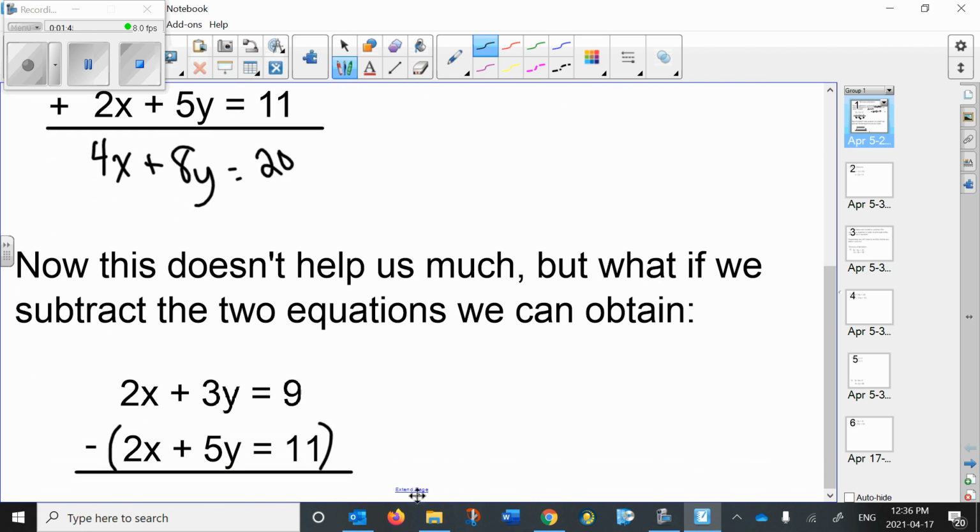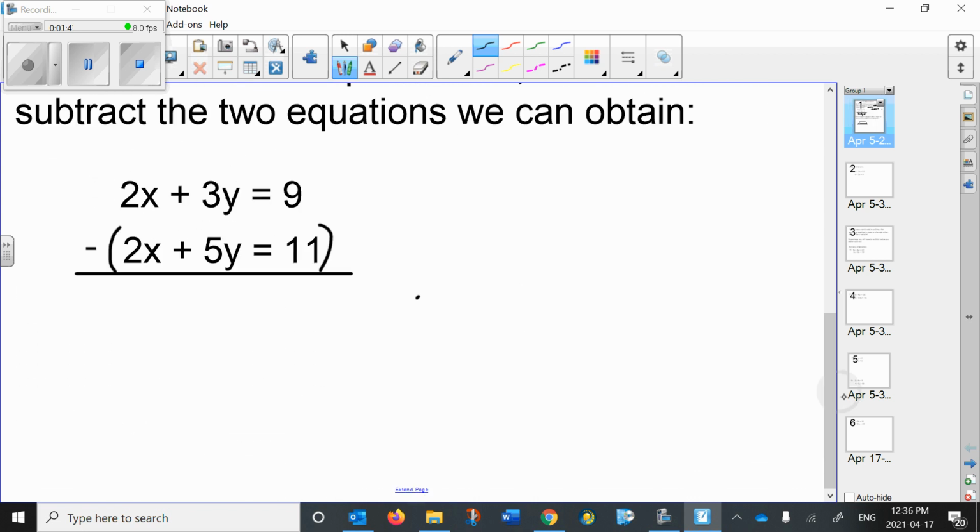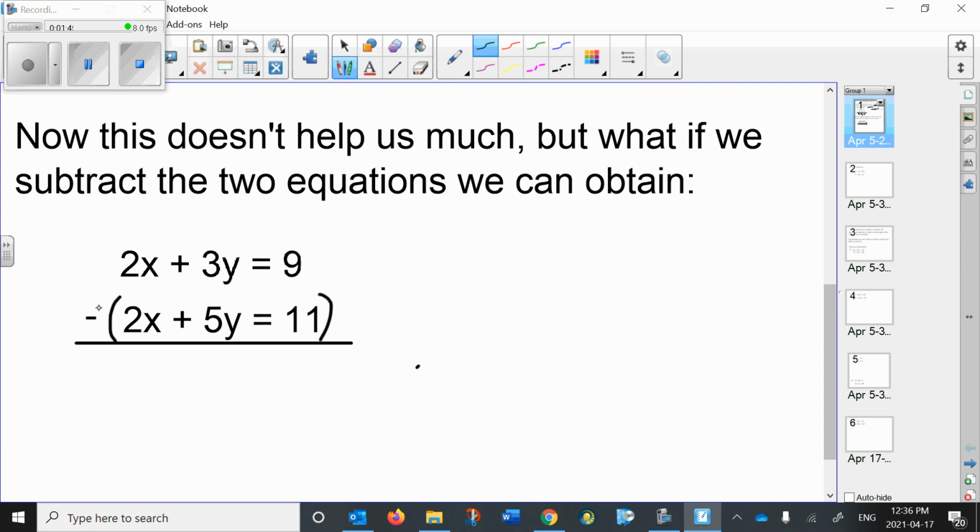Now, remember when you subtract something, basically the negative sign distributes into all of the other things, or you can think of it as 2x subtract 2x and 3y subtract 5y. However you think of it, instead of adding them like we did in the previous example, we're now going to subtract them.